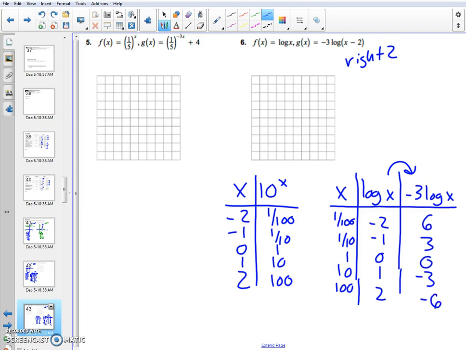Now I want to plot the first and the second column. So I'm going to count by 2's here on the x-axis. Count by 2's everywhere. Down very steeply here.